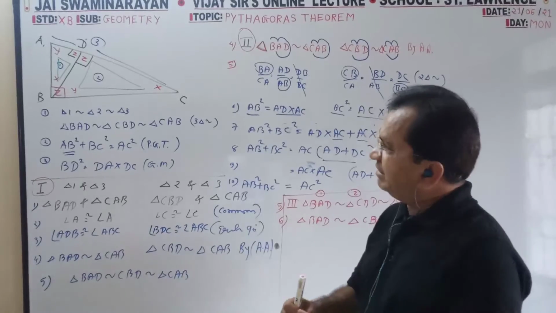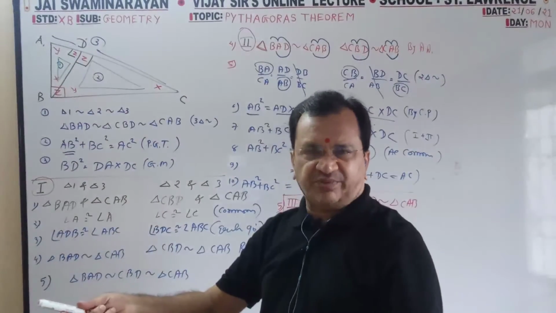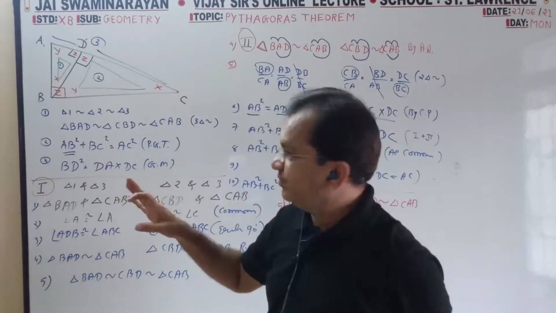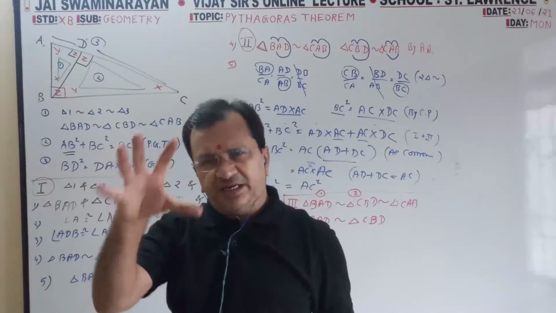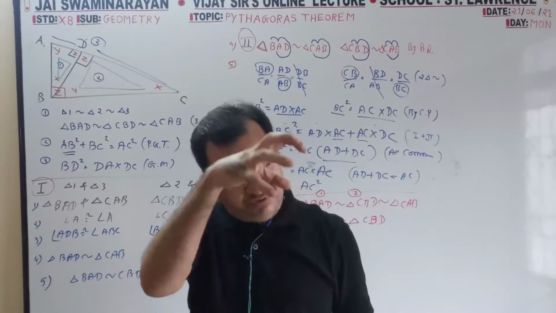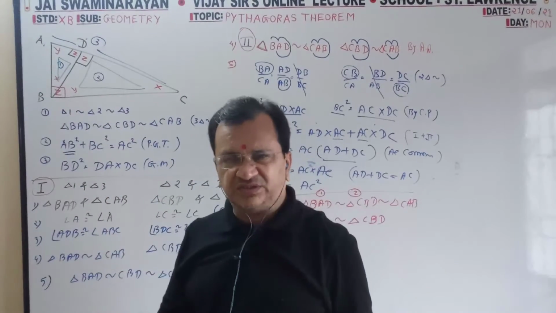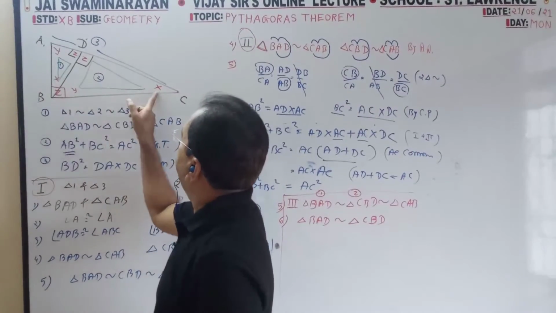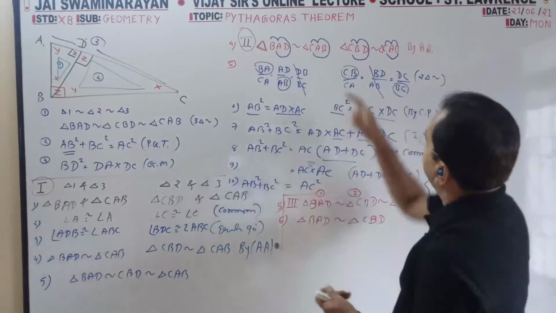But don't write the names DBA, DBC, no, as per X, Y, Z. That is why in the starting 2-3 times I have explained the diagram. In geometry, you have to read the diagram, so automatically you will get the sequence of the proof. X, Y, Z, first triangle. X, Y, Z, second triangle. I have written like this.